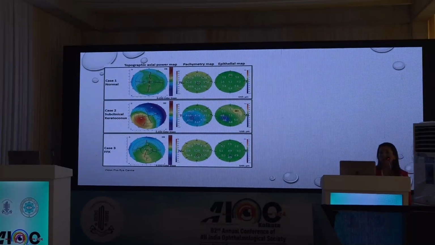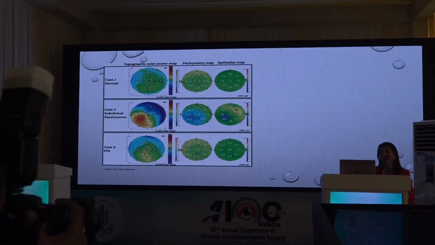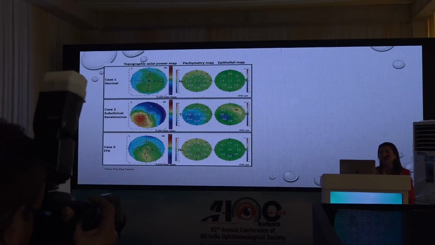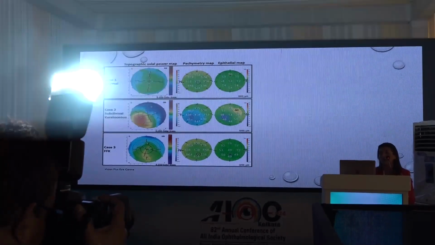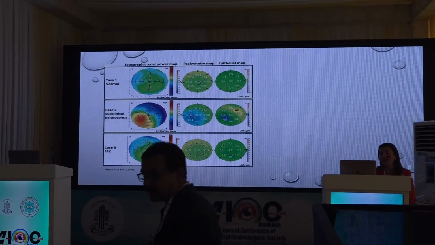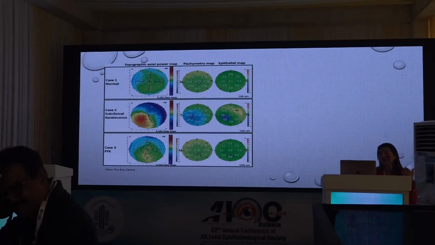Here you can see a case where the epithelium is normal, and in cases where you have a subclinical keratoconus, you have some differences on the topographic map, and you can see corresponding changes also on the epithelium. The pachymetry at times may be normal, but when you see the epithelium, then you find out that the thinning is there.